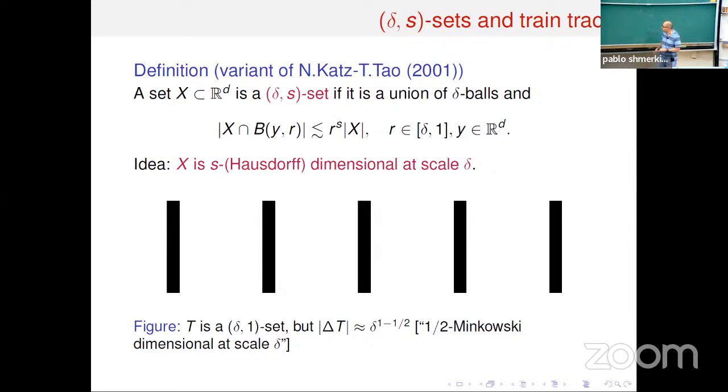So it has very few distances because of the curvature. The distances from a point here to points here are all the same at scale delta. So there are very few distances. So there is no distance set conjecture discretized in this way, which is the most natural way of doing it.